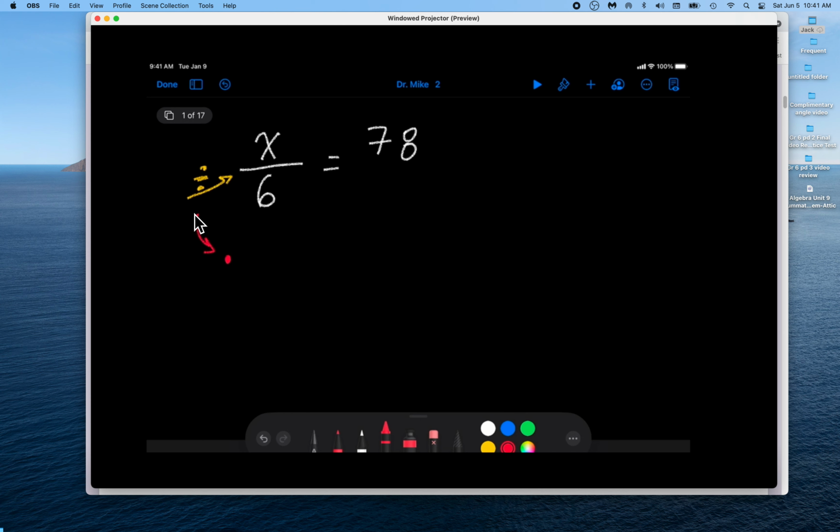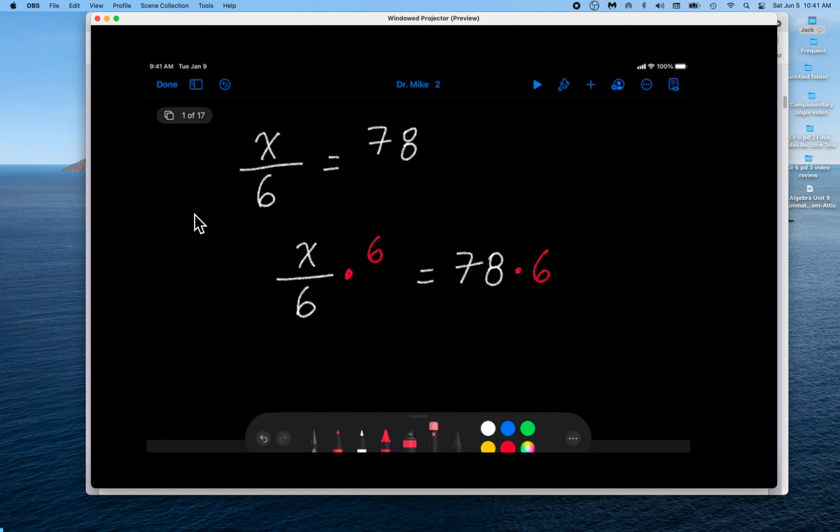How do we do that? We multiply by the neighbor. The second we do that on the right side of the equation, we have to do that to the opposite side. And here's why.